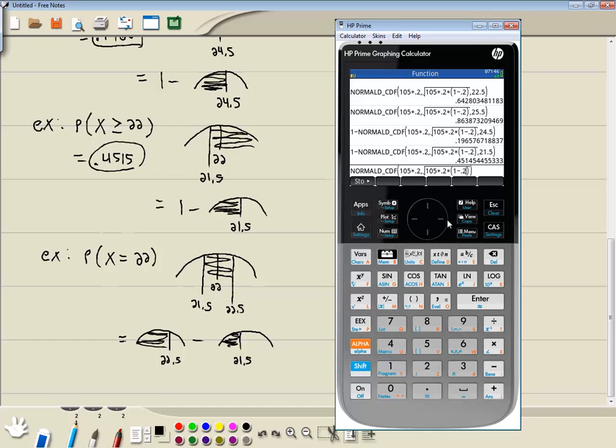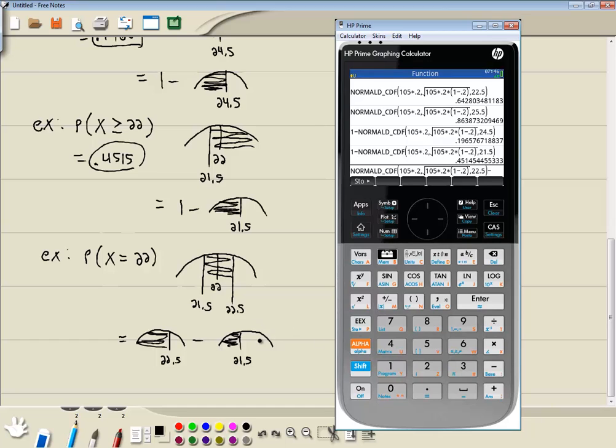Okay. Get it out of the parentheses, right arrow once, right arrow one more time to get it out of the square root, and then comma, and then our corrected x value, which is 22.5. Now I'm going to do my right arrow to get it out of the parentheses, and then I'll do my minus. That's this right here.